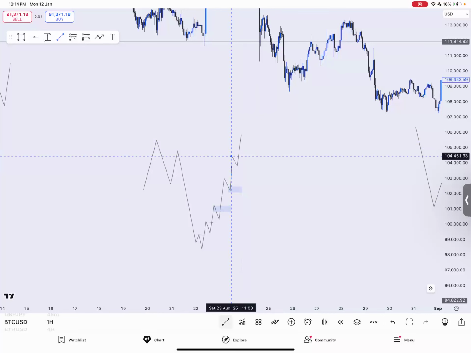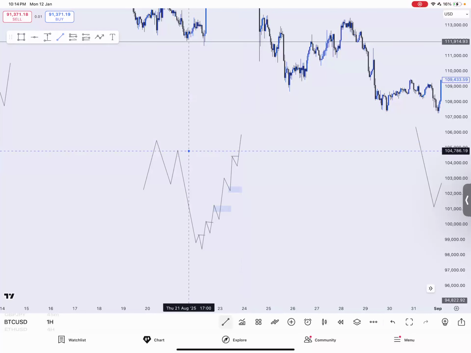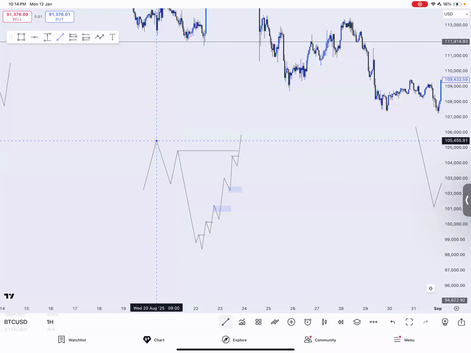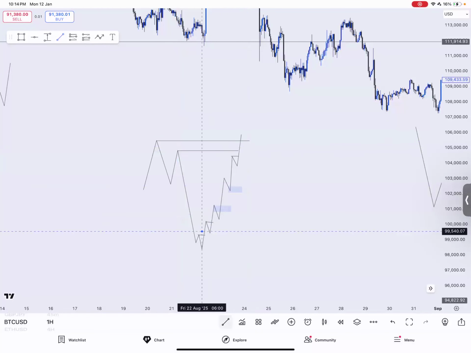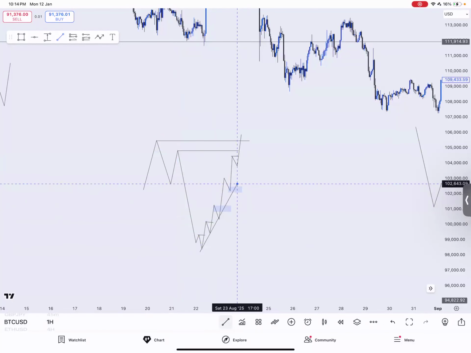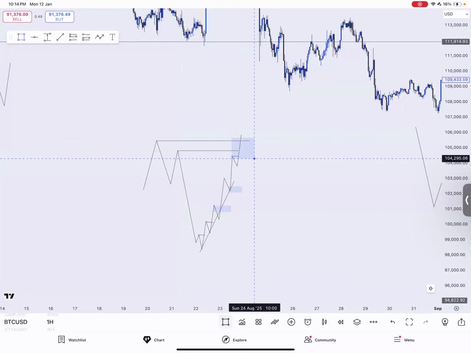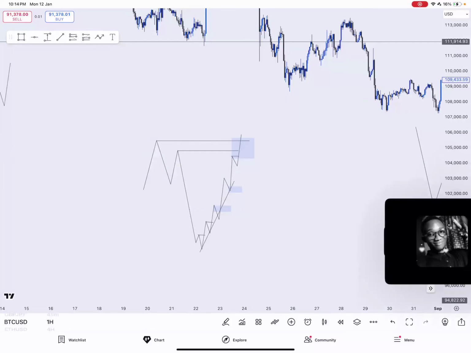This one took out this high, this other high, and this high here as well. The previous ones I've been marking out are what you call single breaks of structure. But this one that I just marked out is what you call a multiple break of structure, because it took out more than one zone at once. Do you now understand what I mean?